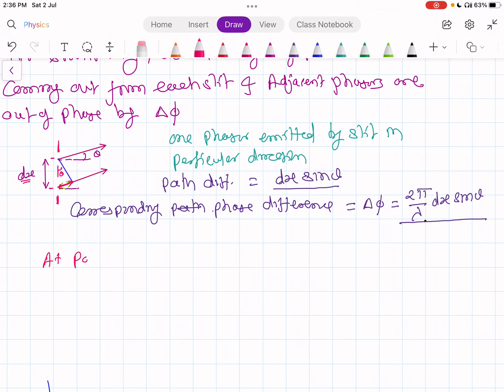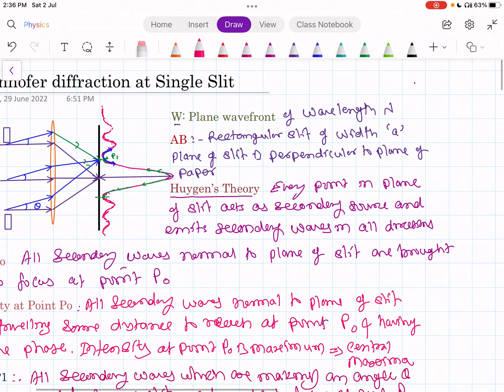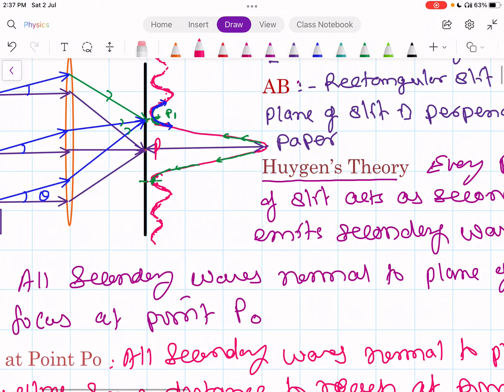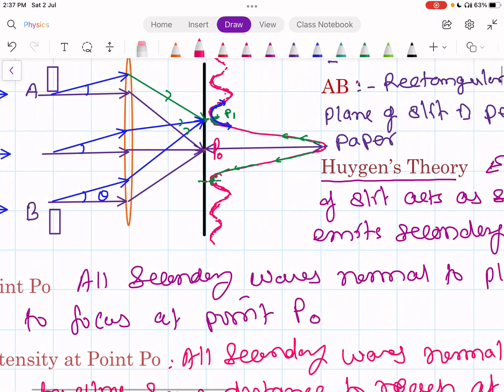Now let's go back and consider the point P naught. How many phasors are reaching point P naught? As you can see here, this is our point P naught. At point P naught, all secondary waves which are normal to the plane of the slit are brought to focus. Now we assume that in this slit AB, there are n small slits, and each slit emits one phasor in a particular direction.